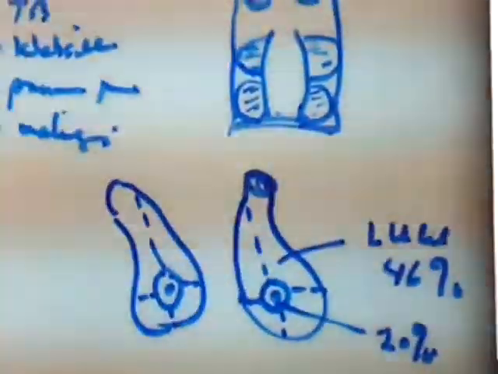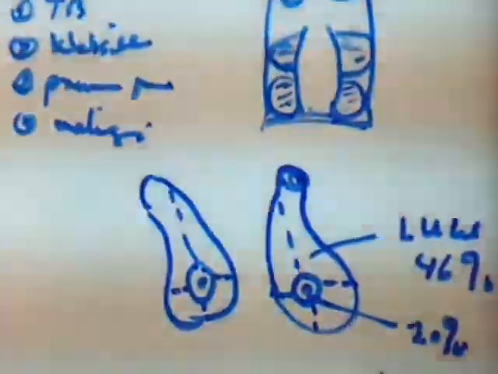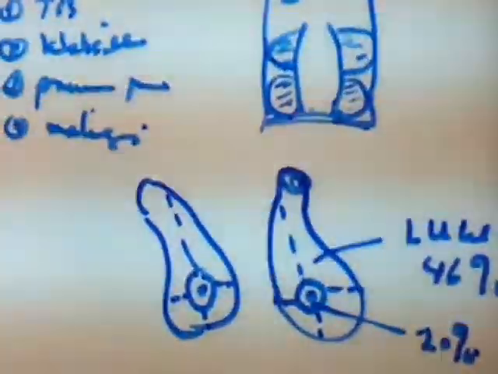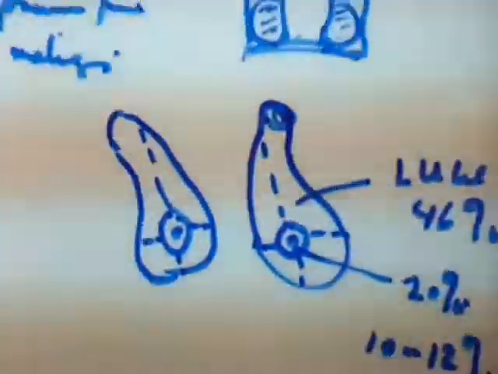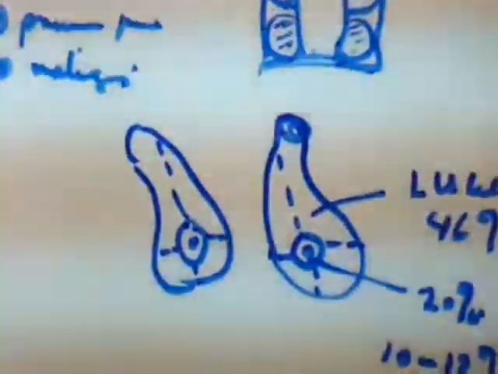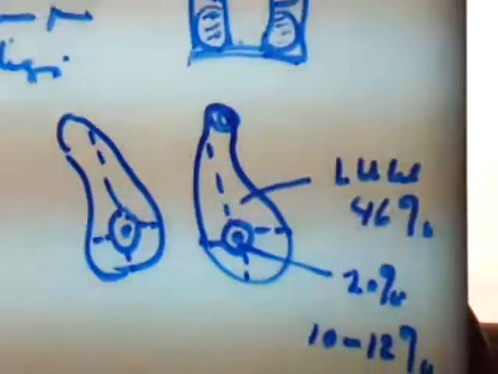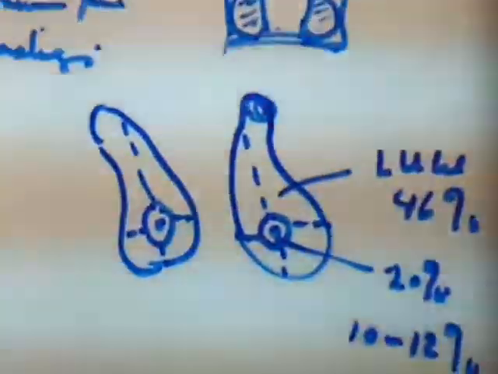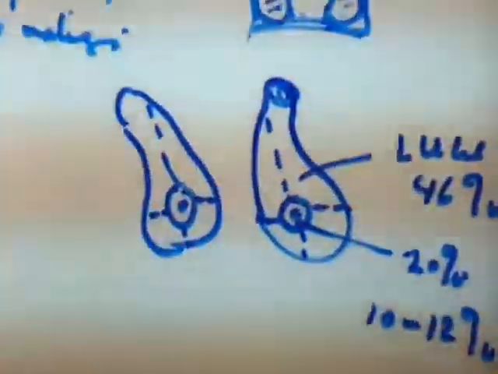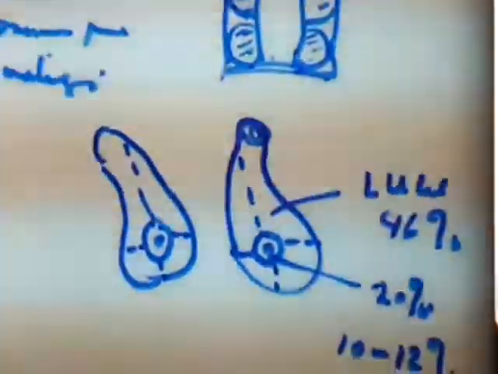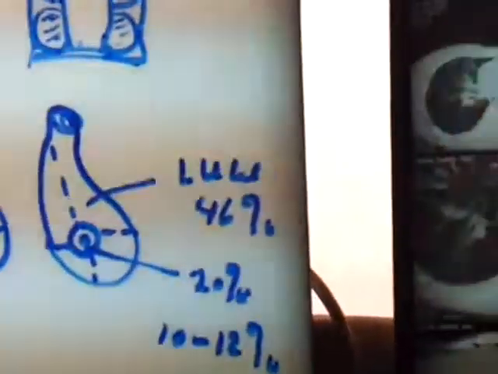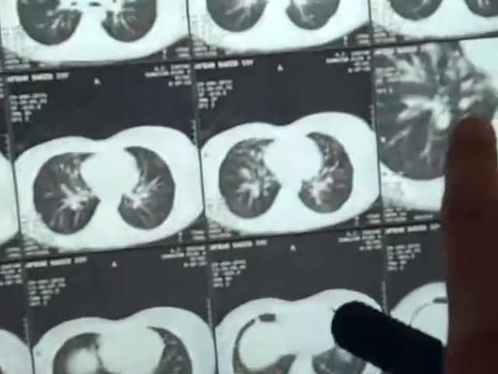Nullipara female. Contraceptive. Probable use of contraceptive pills, and those non-lactating. Obesity is a risk factor in malignancy of the breast. Early menarche.